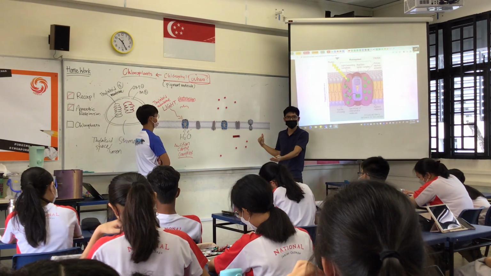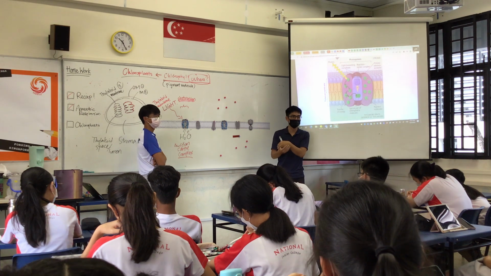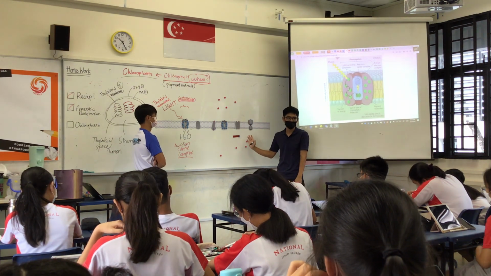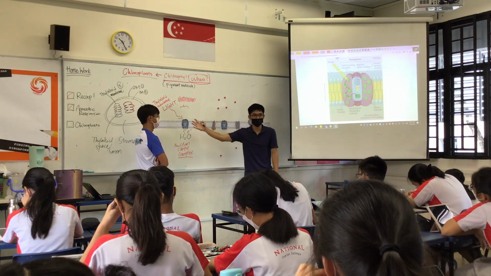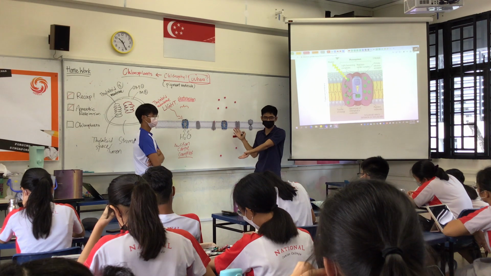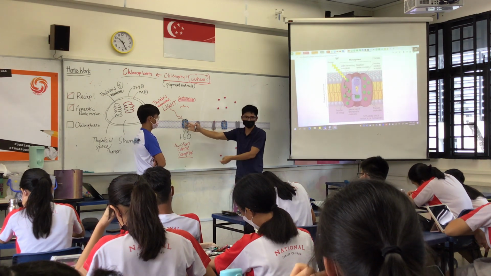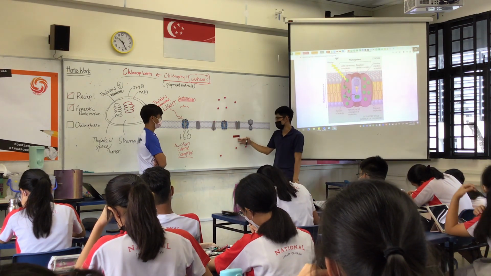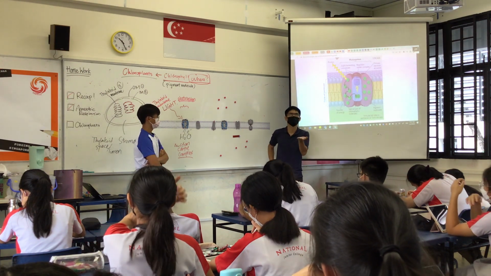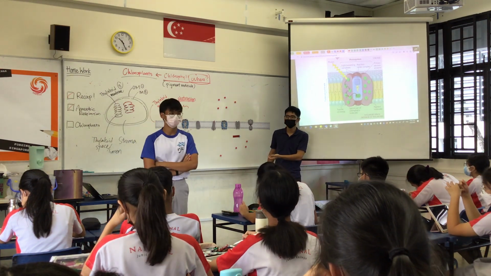So what we are doing here is the reverse of cellular respiration. In cellular respiration, NADH gave its electrons, oxygen received them, and produced water. But in photosynthesis, water will give its electrons, and then NADP+ will receive them at the very end. It's reverse cellular respiration. Okay, thank you all.